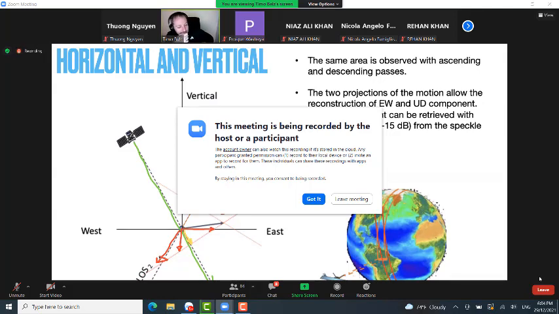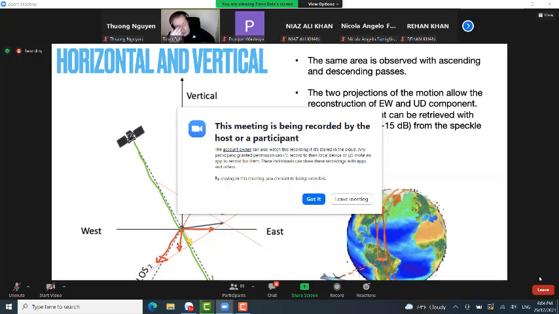You could say, well, if it's like I painted, we have also a downward motion away from the satellite in the second orbit, and it's clearly a downward subsidence here. So by having two measurement directions, now you can move toward a two-dimensional measurement.